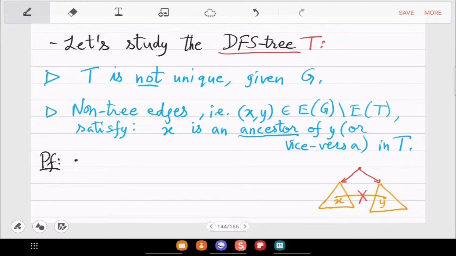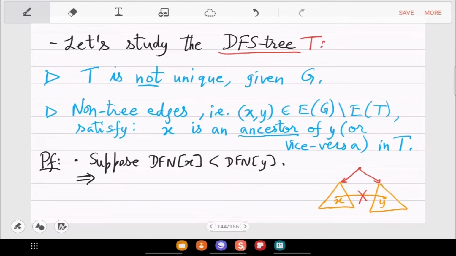For this you use the numbering, the DFN array that DFS produced. Suppose that the DFN of X came before Y in the DFS execution. What this means is that in the execution X was seen first, right?